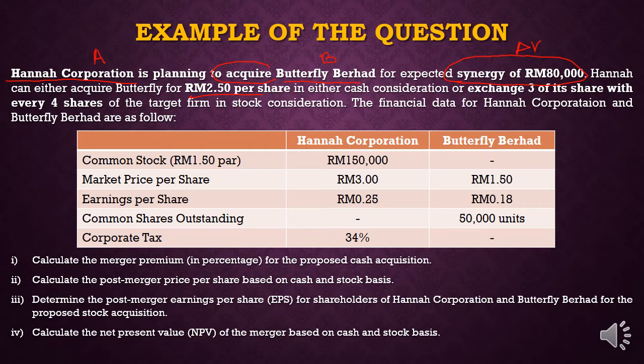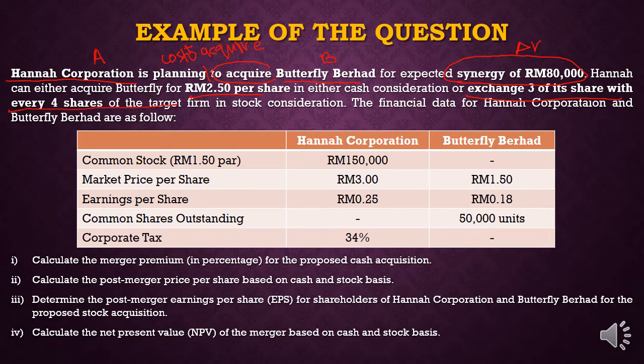It was mentioned that Hana can acquire Butterfly for 2 ringgit and 50 cents per share, so this value represents the cost to acquire per share, represented by 2 ringgit and 50 cents. Either cash consideration, or exchange 3 of each share with every 4 shares of the target firm.